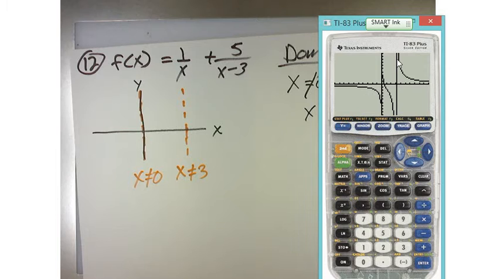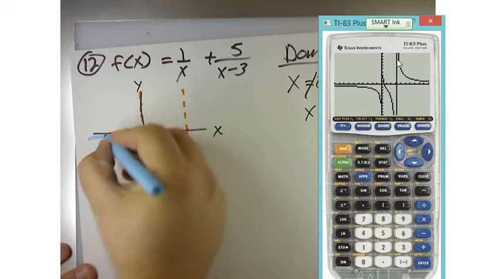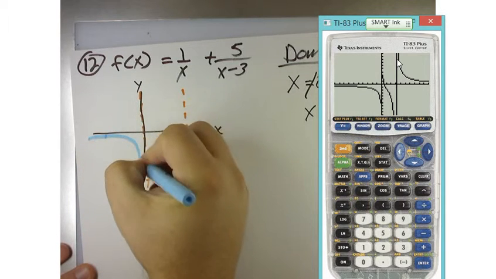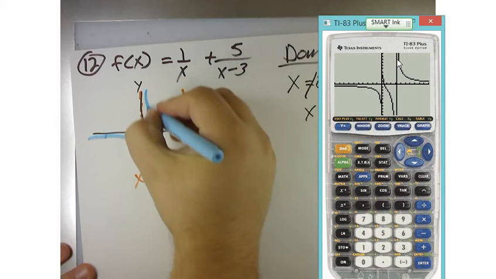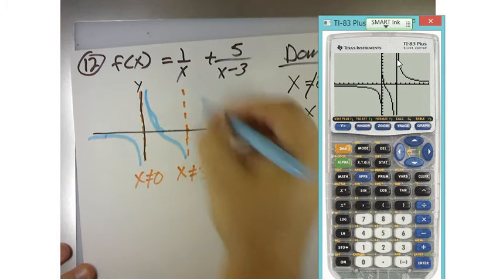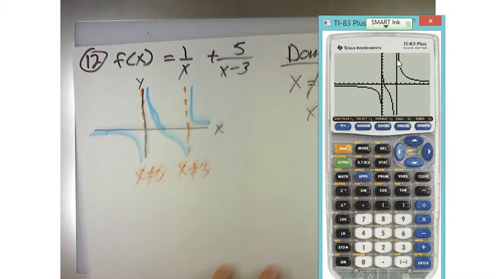I also have some horizontal asymptotes, but they're not talking about that now. But it looks sort of like this. This is what my graph looks like, sort of. So how do I write that?